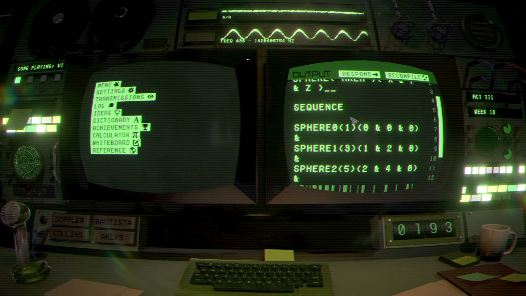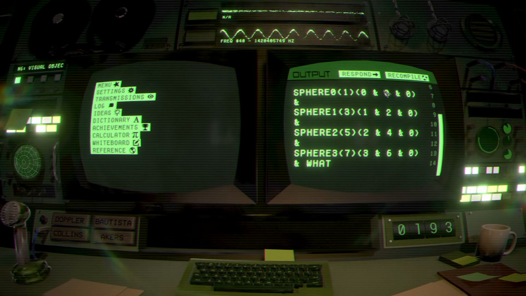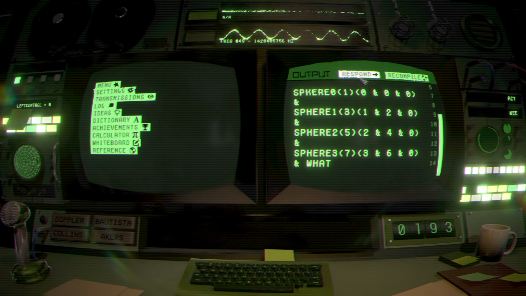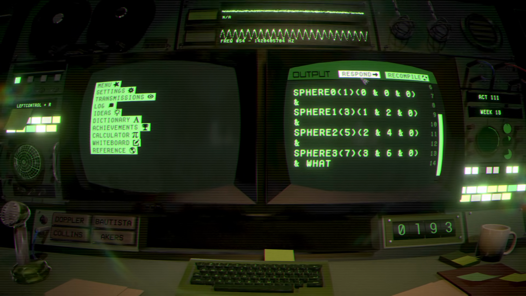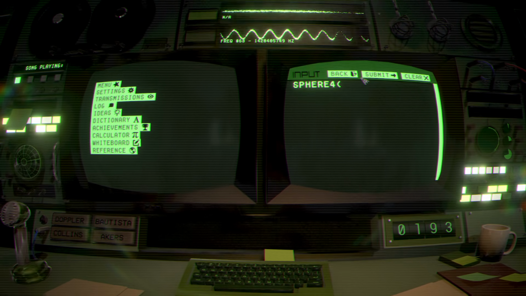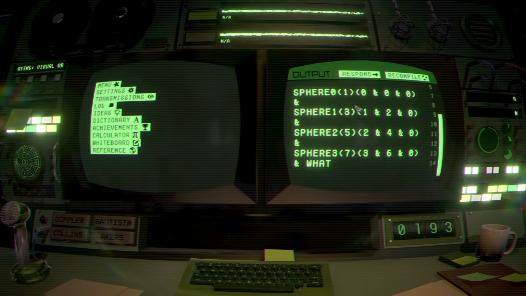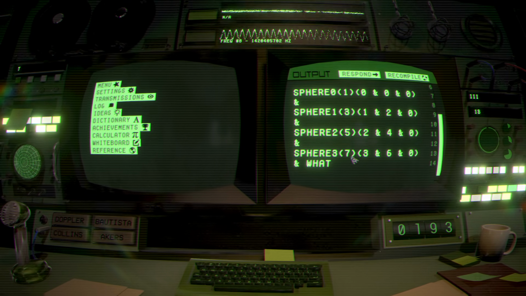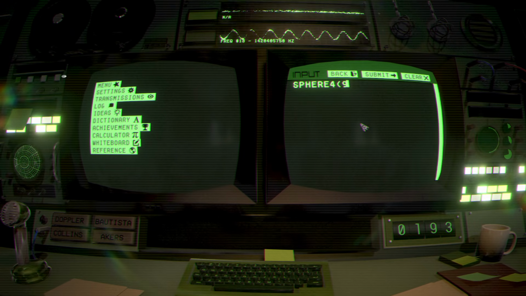Yep. Area is going up by 2. X is going up by 1. Y is going up by 2. D is not moving. Let's try that. So sphere 4 should be 1, 3, 5, 7, 9.